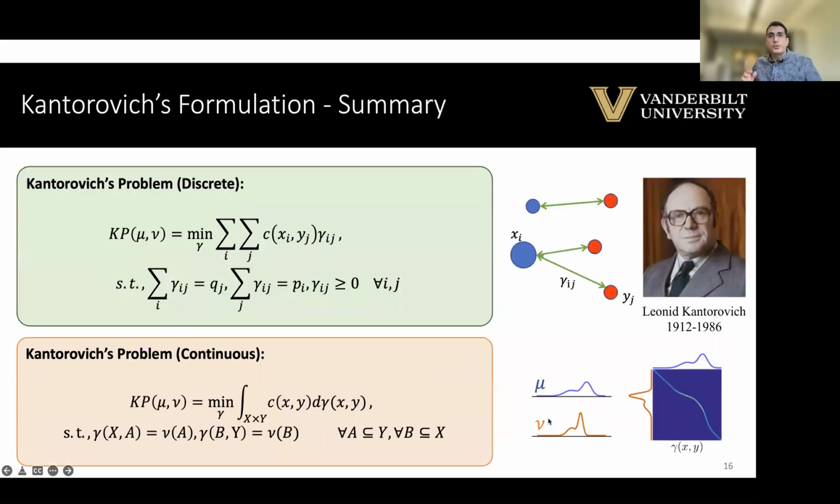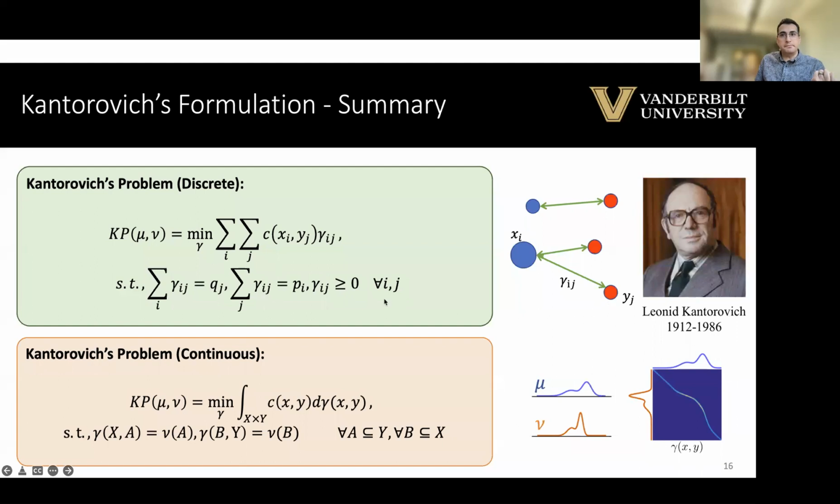So just to put this all together, we see that here we have the Kantorovich problem in the discrete form. The point to take home here is that we can essentially split mass and carry it in this gamma ij, which is a transportation plan, is going to tell us how much mass is being moved from xi to yj.